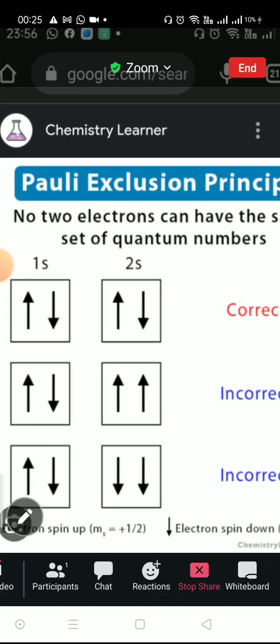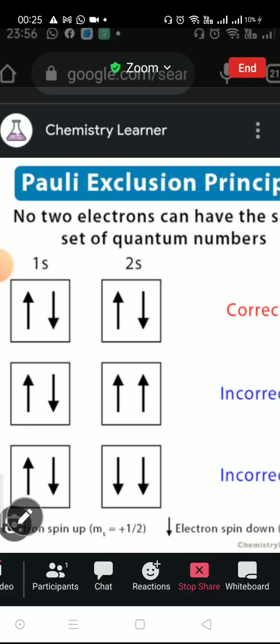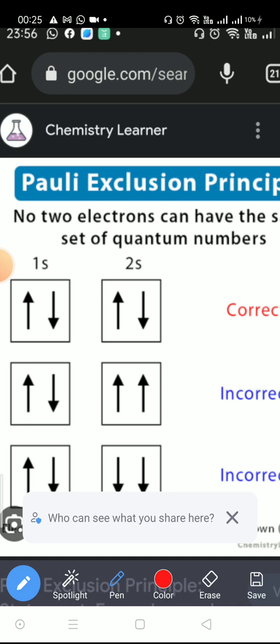Means an orbital can have maximum 2 electrons and they must be in opposite directions. Now if you see this figure, in all the orbitals, this is 1s, this is 2s, in every case we find that 2 electrons are there. So maximum 2 electrons can be filled.